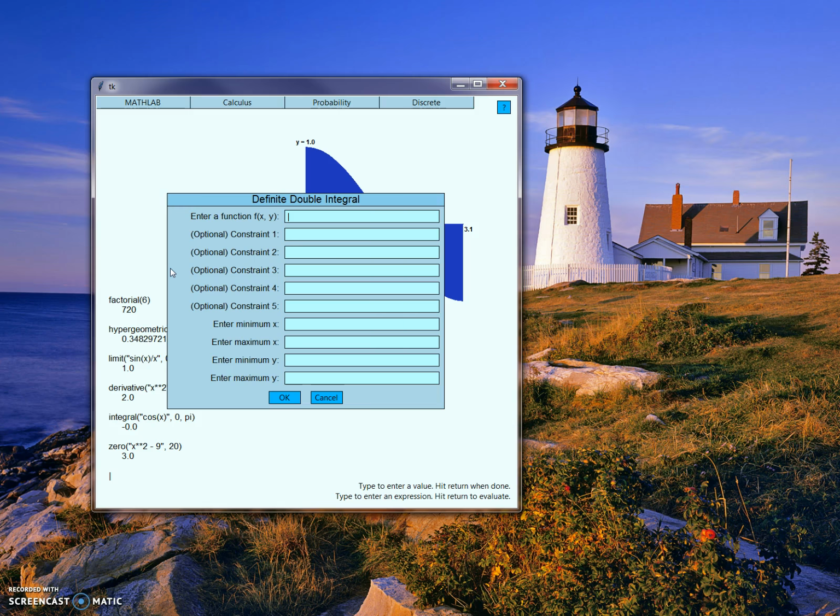For example, let's just say that we want to find the area of a unit circle here. We're going to be integrating 1 over the domain of a unit circle, which is x squared plus y squared is less than 1.